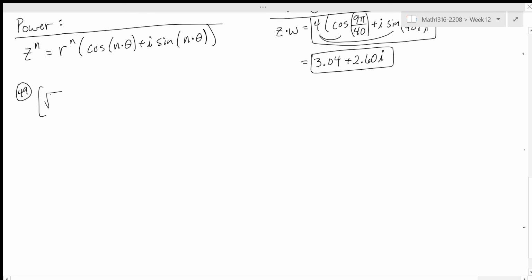And that says square root of 3 times cosine of pi over 18 plus i sine pi over 18, all of that raised to the 6th power.